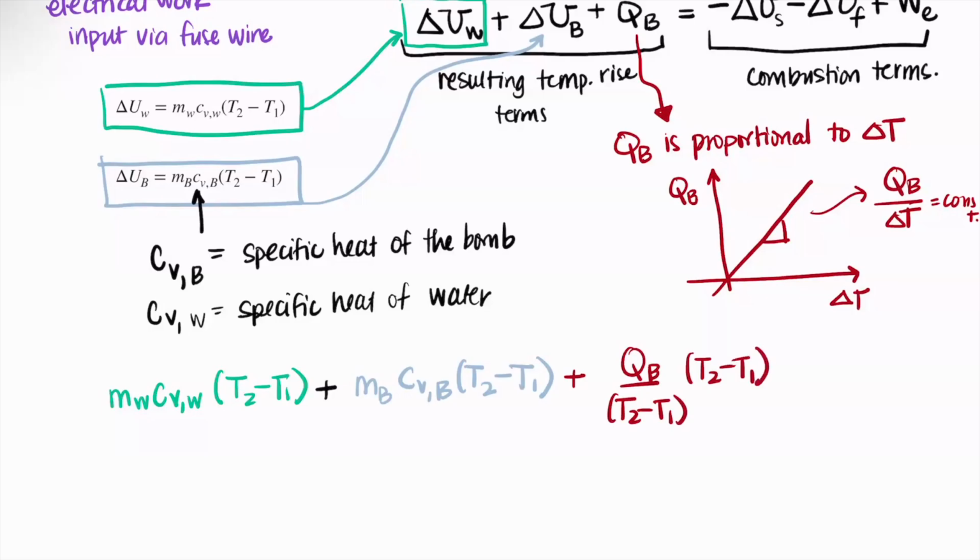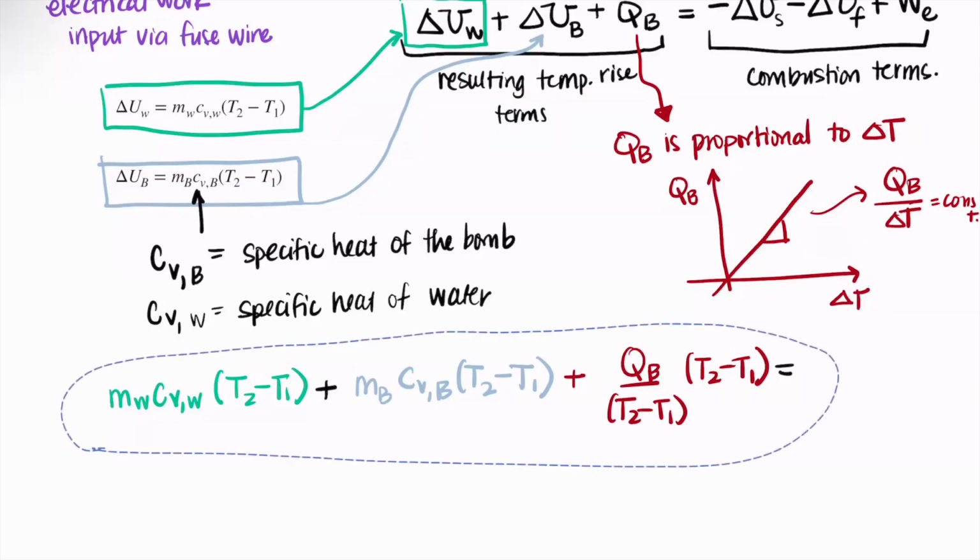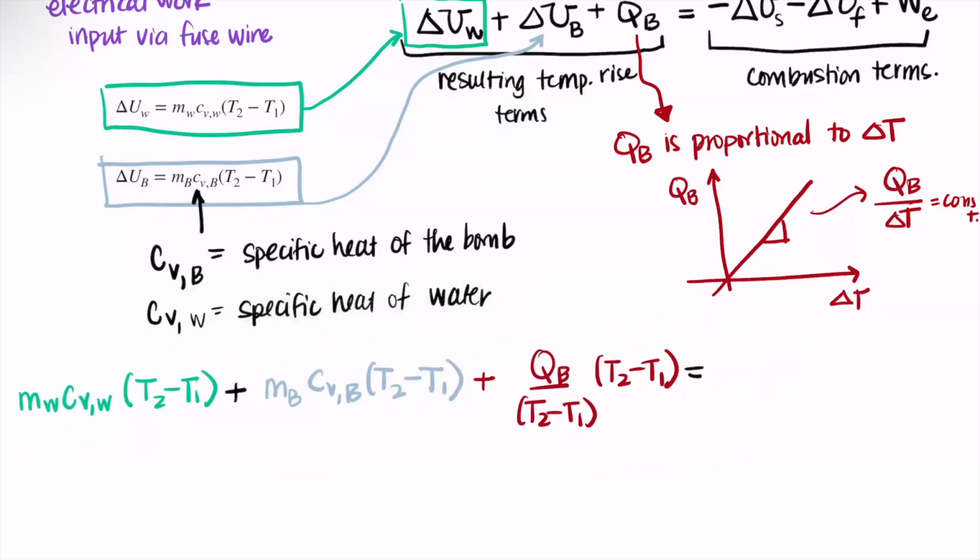All right, because then I can factor a T2 minus T1 out of all three of these terms, right? Then on the right-hand side, we still have our minus delta US, minus delta UF, plus WE.